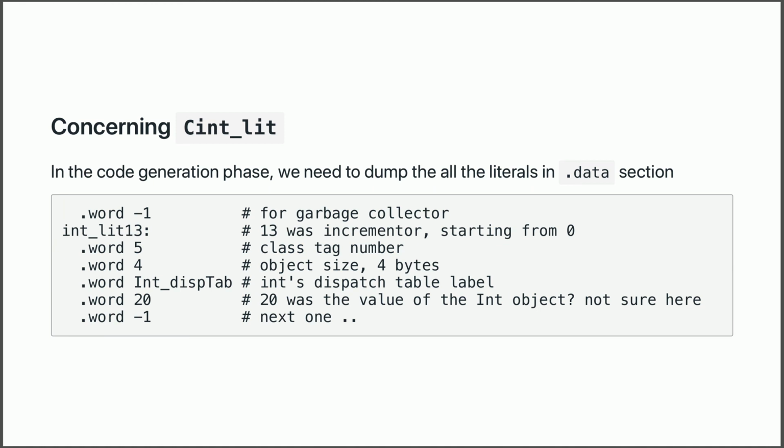Remember, the addresses are 4 bytes too, and then we put that there, and then 20 is the actual value of the integer. That's what's going on here. And then -1 starts all over again for another int literal. That's somewhere after here. But again, addresses are 4 bytes, and .word is a directive saying that we're going to put 4 bytes somewhere. Let's continue.